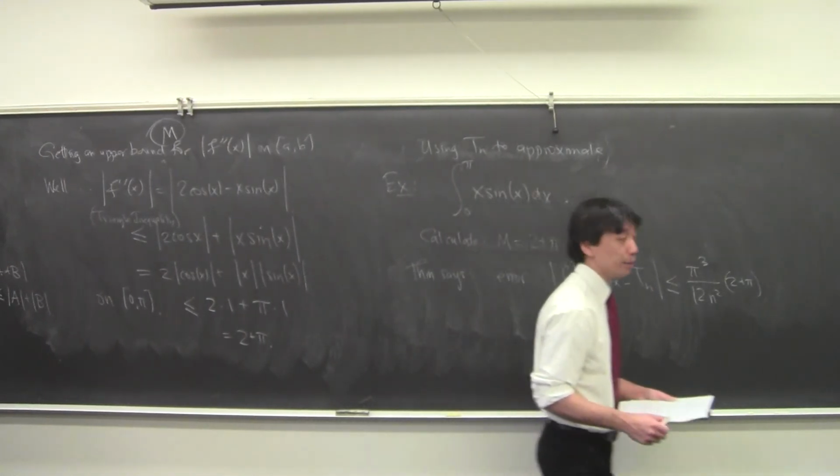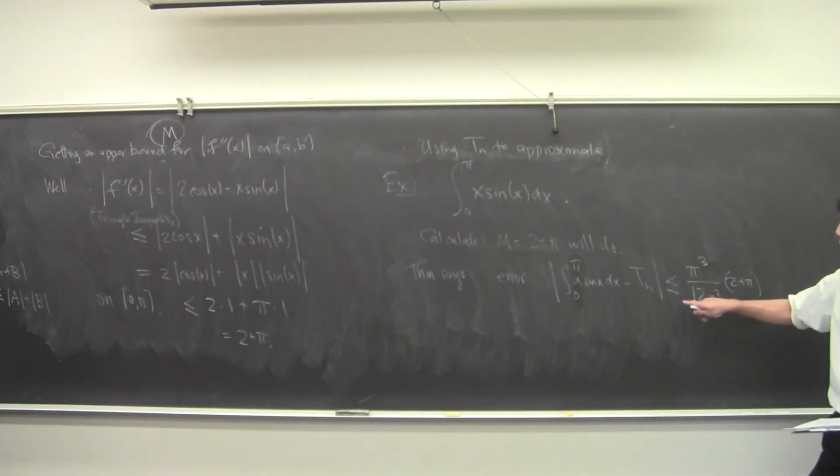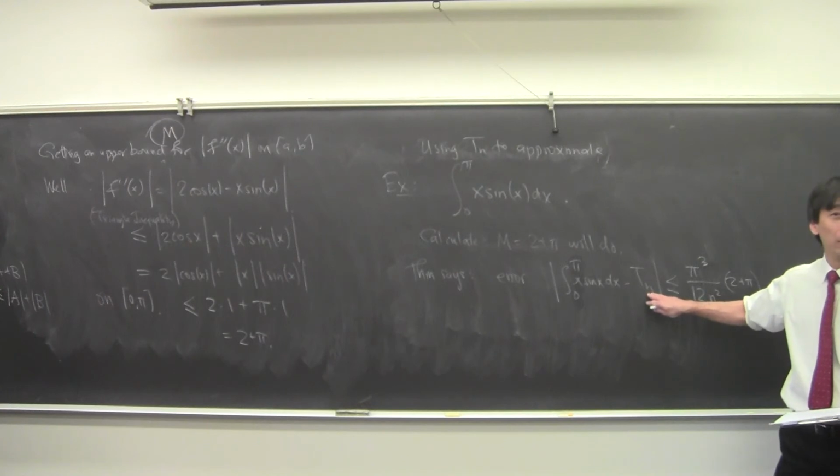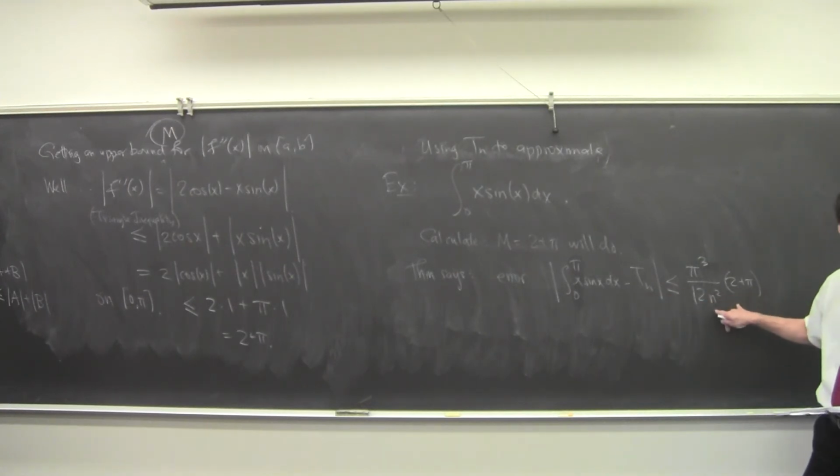So this tells you that the nth trapezoidal approximation is at most this wrong. This is how wrong it is, at most.